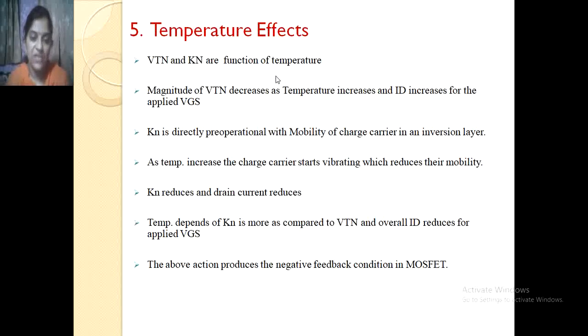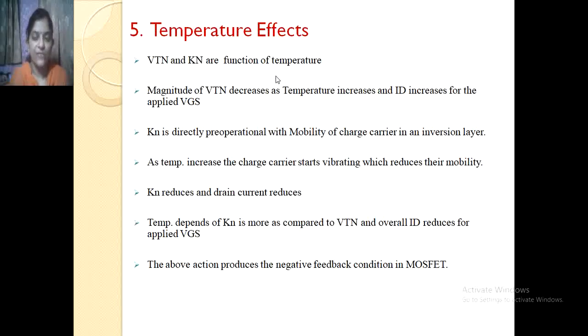As temperature increases, the charge carriers start vibrating, which reduces their mobility. Then Kn reduces and drain current reduces. So that constant reduces, drain current also reduces.